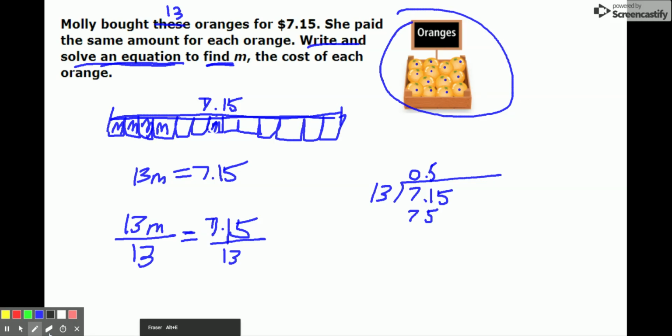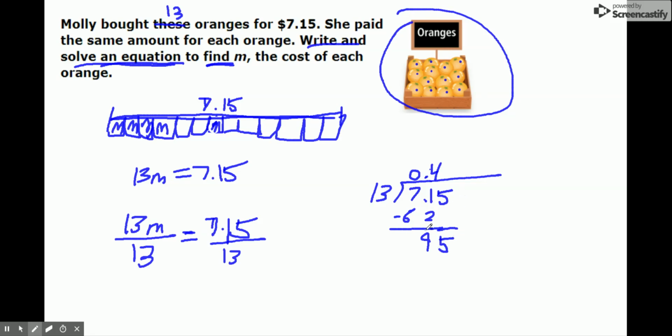So it'll go in 4 times. 4 times 3 is 12. Got a 1 here, so I put a 2 down there. 4 times 1 is 4, plus 2 is 6. 71 minus 62 is 9. And then a 5. So it's going to go in.